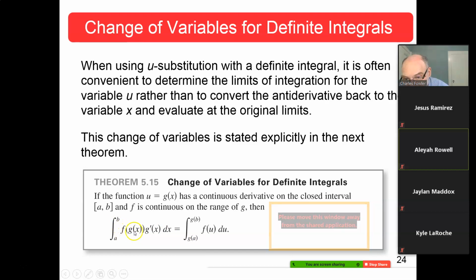Put in the b, and u was g, so g of b is the top. And then if you can do this integral over that range, you've got it knocked. Again, this with letters is more complicated seeming than it is when you actually put numbers in. But hopefully this makes sense for you.